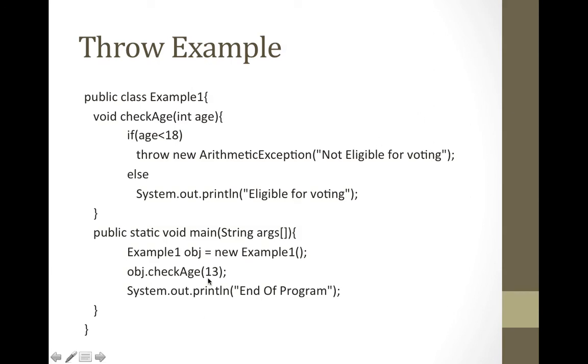So if you enter your age, the checkAge method is executed, and if you're underage, this exception will occur, and this is used with the throw keyword. This keyword will throw an exception if this condition is met, and will give you this error message. Otherwise, the normal flow of the program will continue.